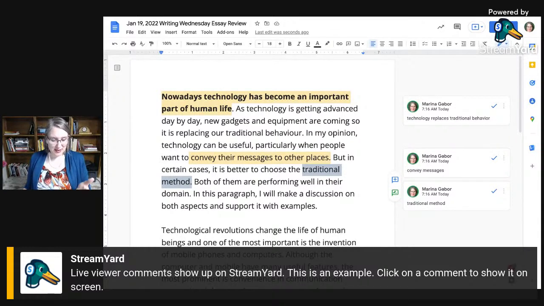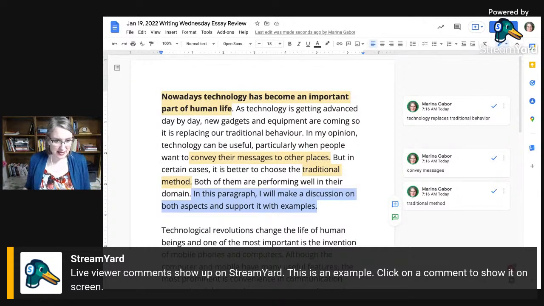And then the author says, in this paragraph, in this essay, I will make a discussion on both aspects and support it with examples. I think you could just get rid of that sentence altogether and come up with a different transitional sentence.